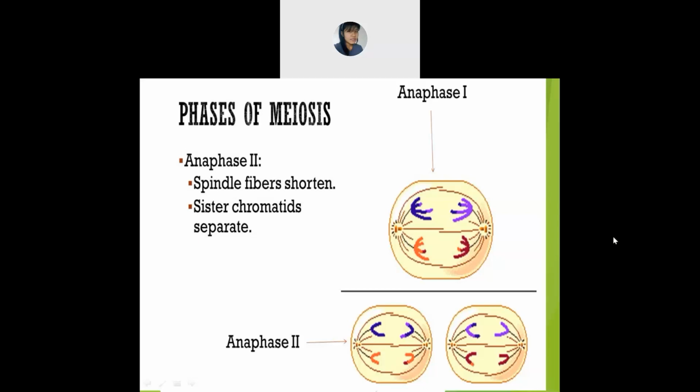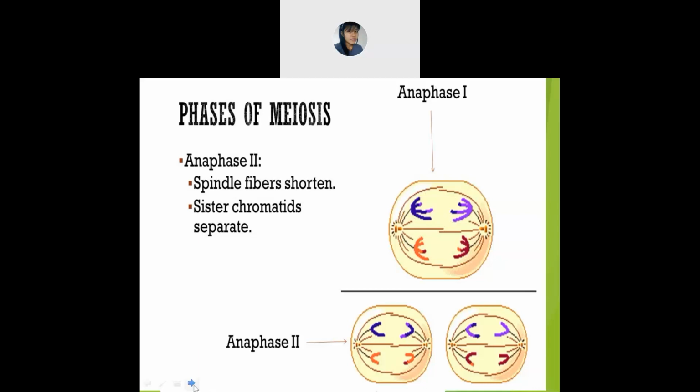Is it clear, everyone? Yes, ma'am. So even the spindle fibers become short, and these two sister chromatids start to separate.